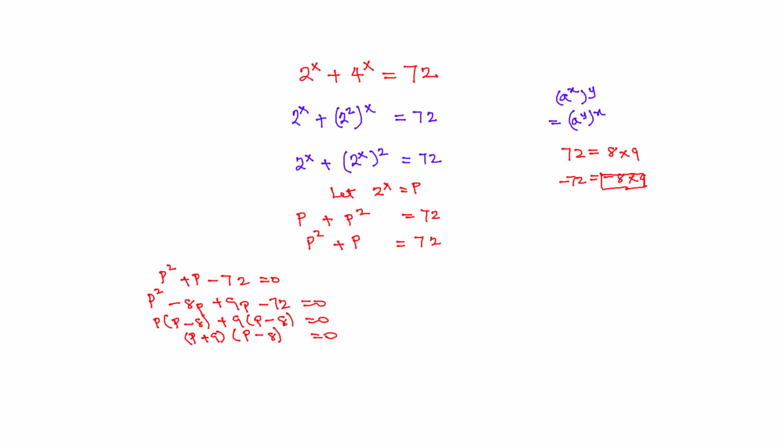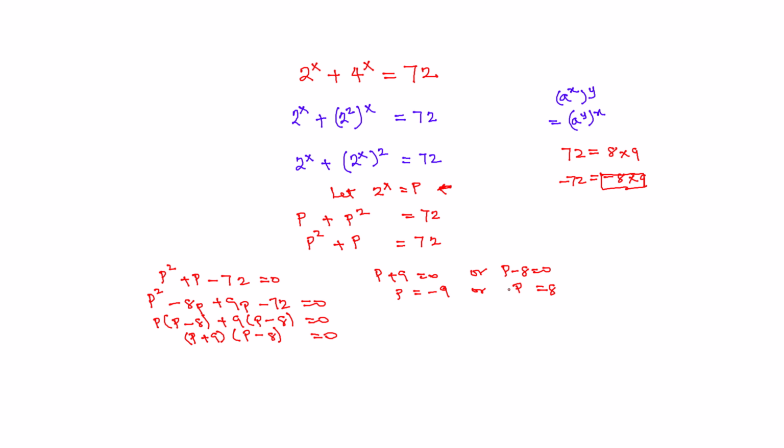If I go ahead and solve for p, I will have p plus 9 is equal to 0, or p minus 8 is equal to 0. In the first case, p is equal to minus 9, and in the second case, p is equal to 8. Remember that the question did not ask us to solve for p. The question asked us to solve for x, and we made a substitution at this point.